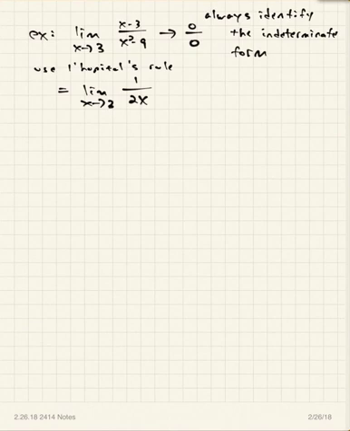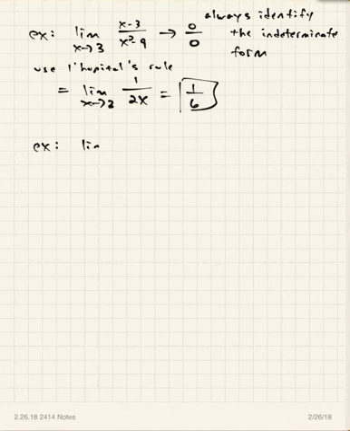Note that L'Hopital's rule does not say use the quotient rule here. It says take the derivative of the numerator and the denominator separately. So that's what I did here. And does that limit exist? Well, sure enough, it does using substitution. And you get 1/6. Wow, that was actually much simpler even than what we did a few minutes ago.